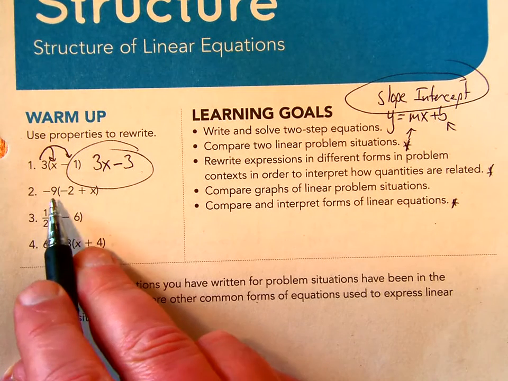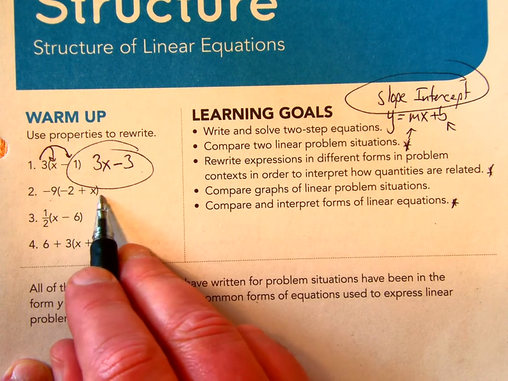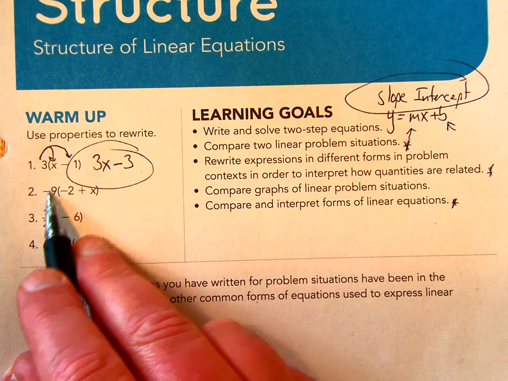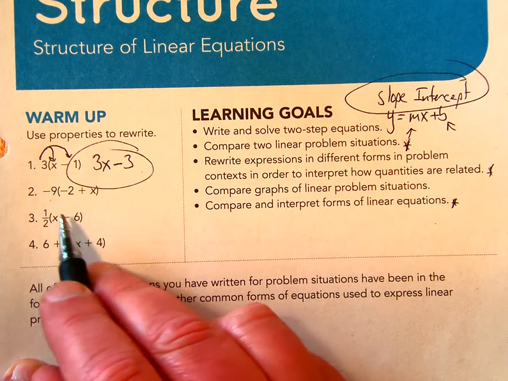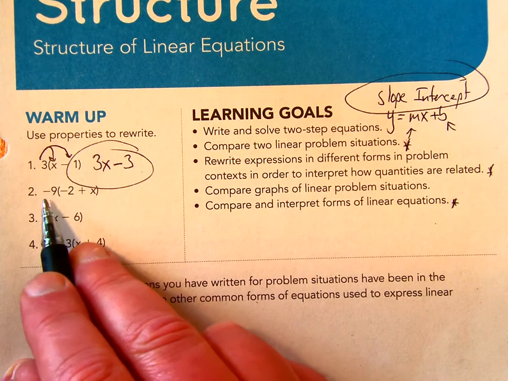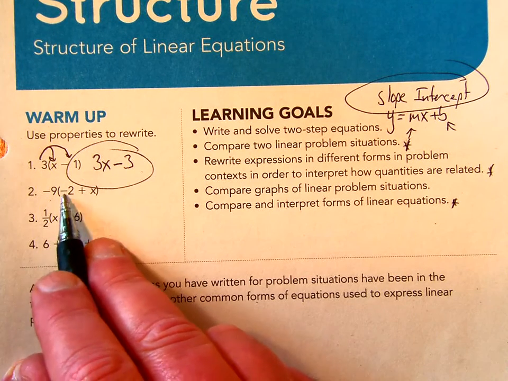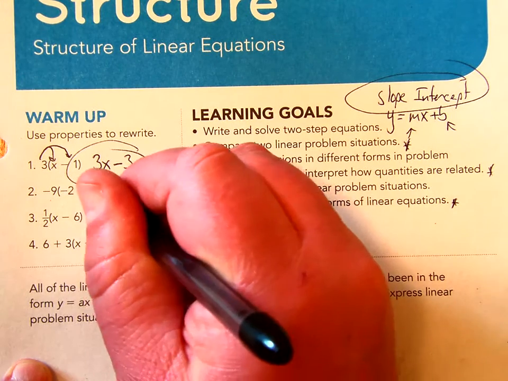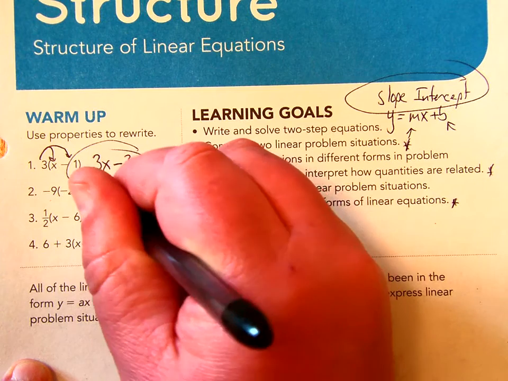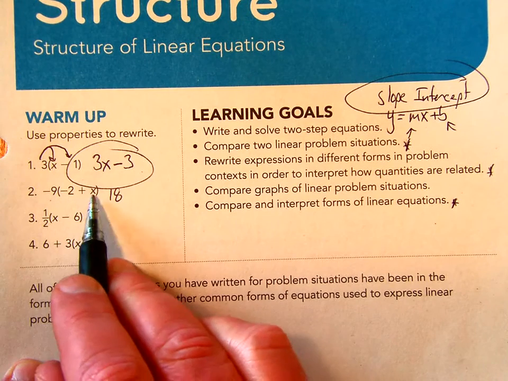Number 2, negative 9, open parenthesis, negative 2 plus x, close parenthesis. I'm going to distribute this negative 9 into the parentheses. Negative 9 times negative 2, negative times negative, or another way of saying it is, the opposite of a negative is a positive. 9 times 2 is 18. Negative 9 times positive x.